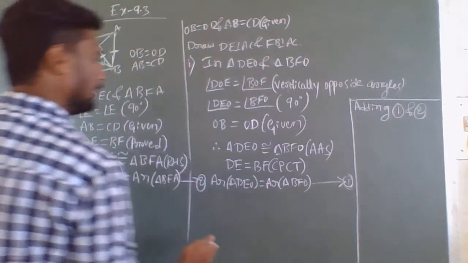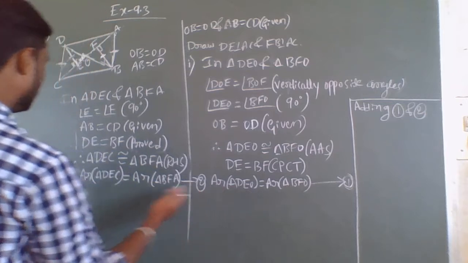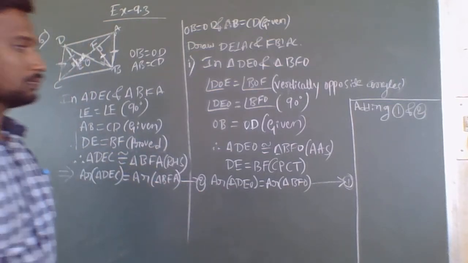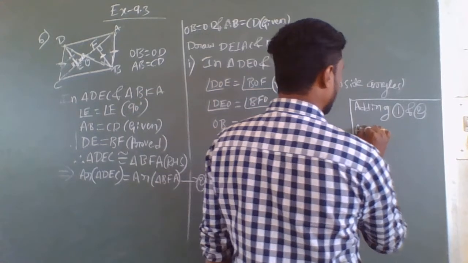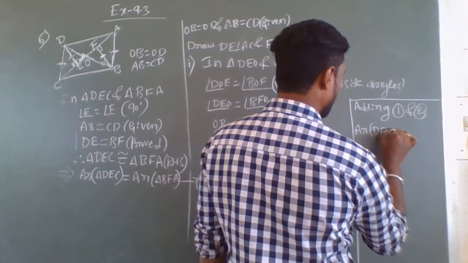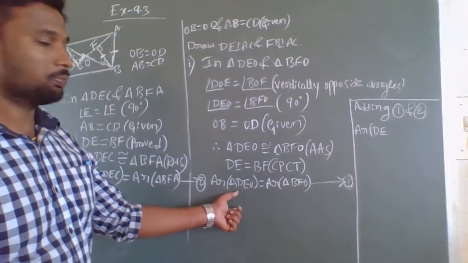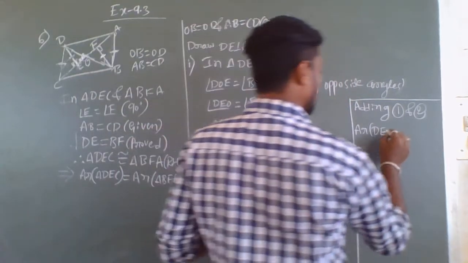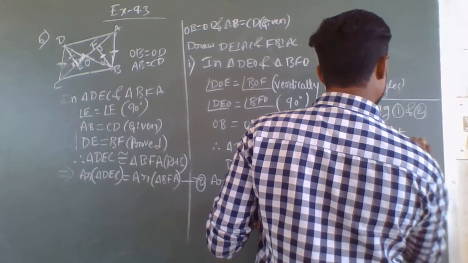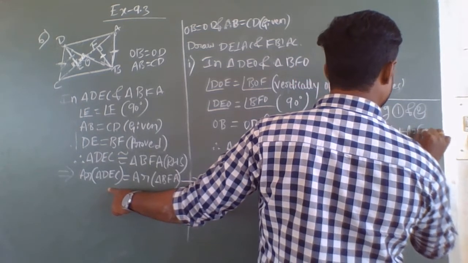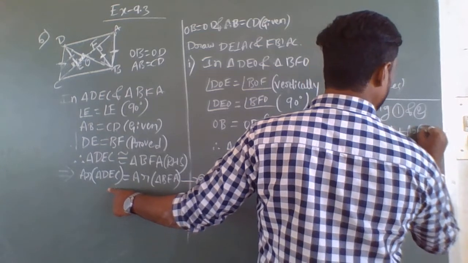First we will see the left hand part: area of DEO plus area of DEC, the left hand parts of the first and second equations.